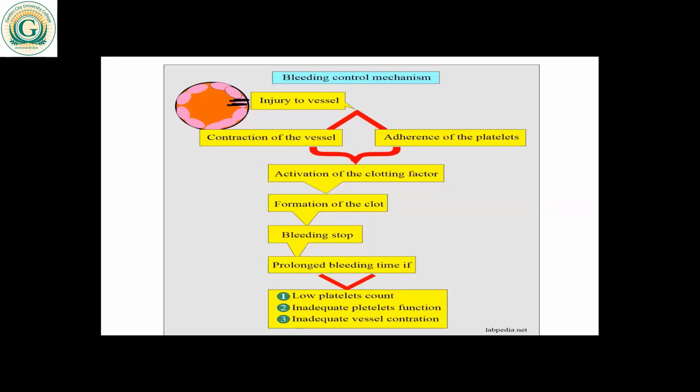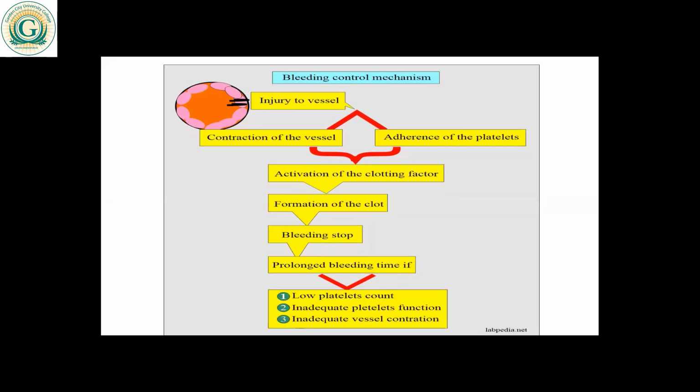Now, there can be prolonged bleeding. I'm sure those who work in the lab know about bleeding time. If a person's bleeding time is not normal, it can be as a result of a low platelet count, where the bone marrow is not producing enough or a normal volume of platelets.